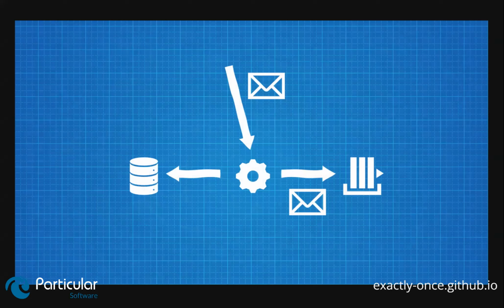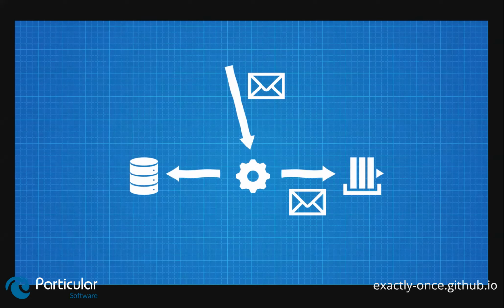A message comes in to a component that is meant to process the message, and that component, as part of processing the message, needs to update a database and send out a message. And we want to figure out how to structure that communication so that it's reliable and we are not duplicating and not losing any messages.